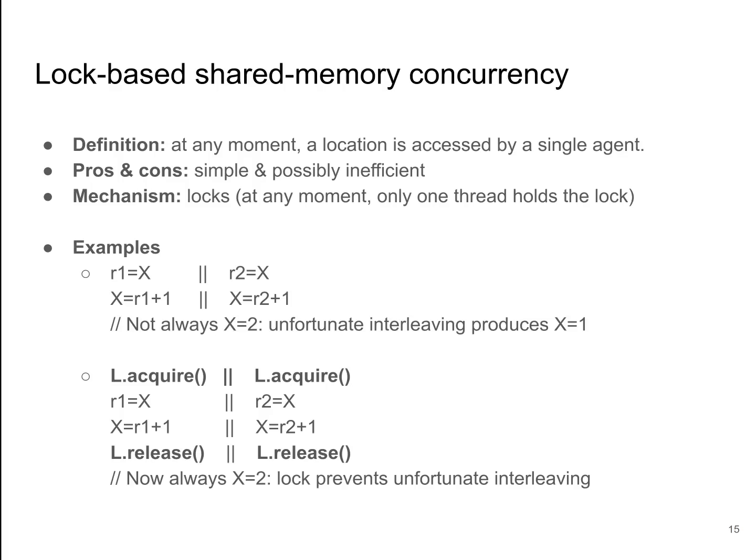And lock is such a useful construct that allows us to do such reasoning. Since only one agent is accessing a single resource at the same time, we no longer need to reason about unfortunate interleavings and the non-determinism arising from these interleavings. Okay, so far so good.